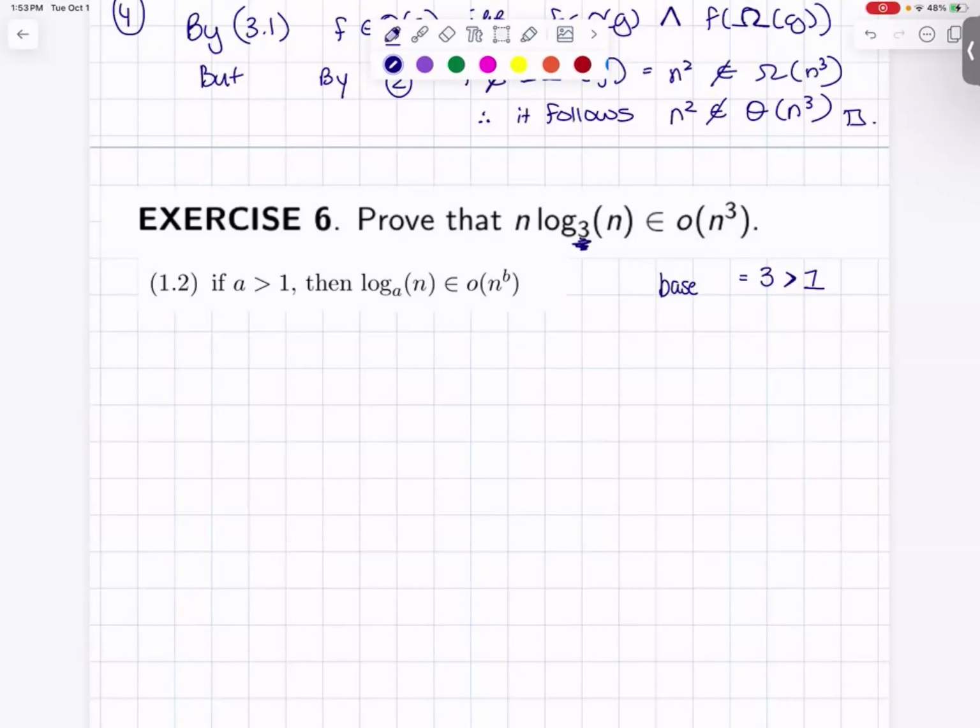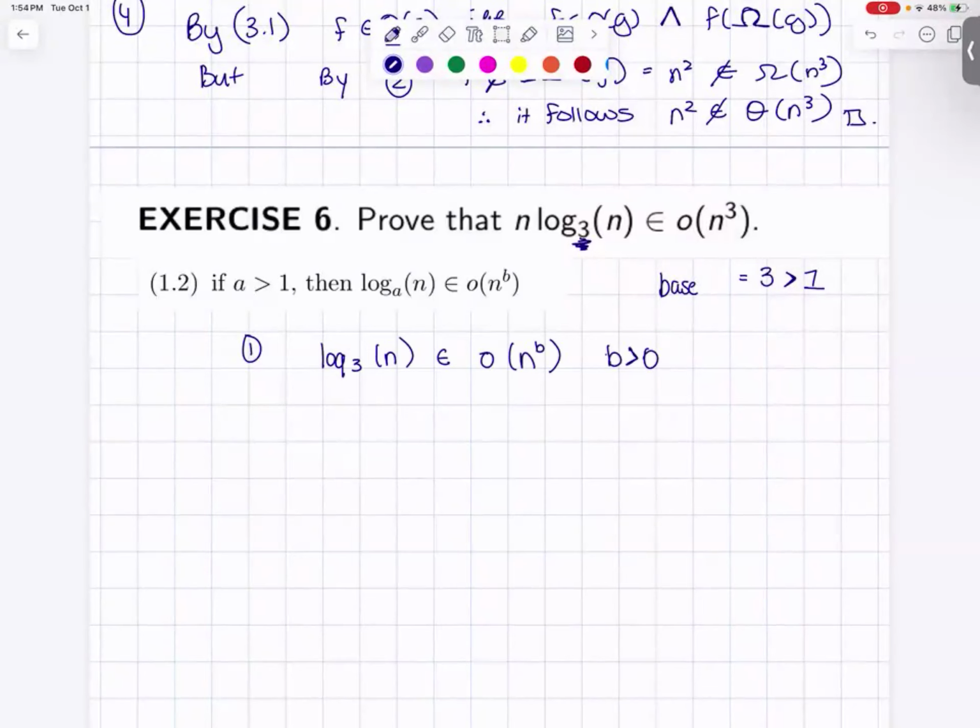So what that actually means for us is that we can say log base 3 of n is going to be in little o of n to the b, for any b greater than 0.